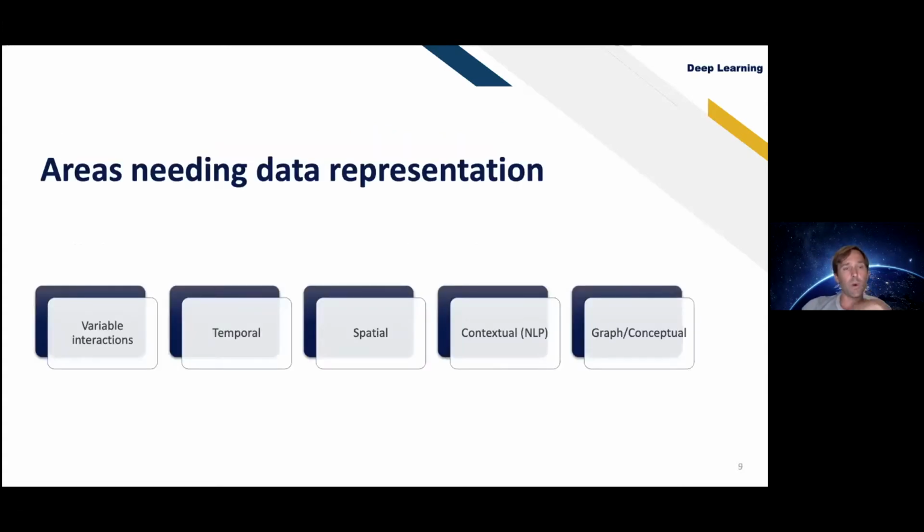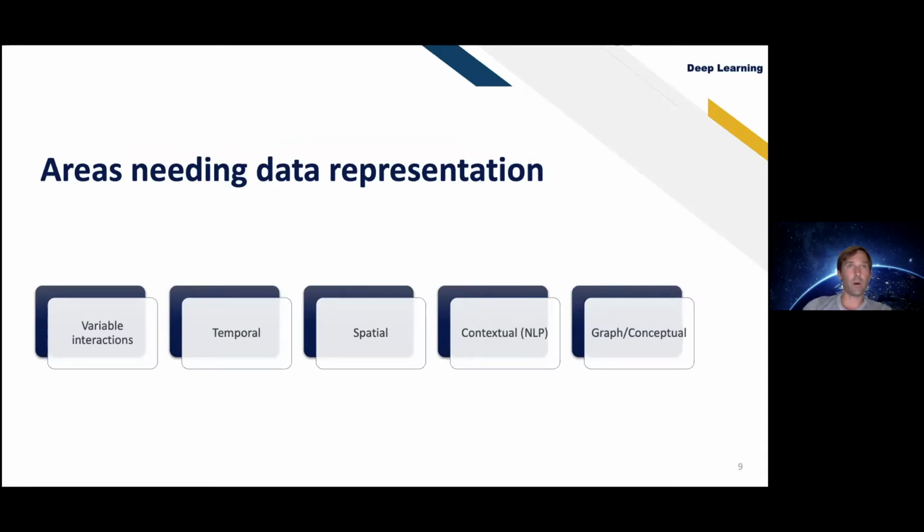What are some of the areas that need better data representation, some of the areas we're often confronted with in medical data? One thing we always think about, even when building a logistic regression model, is variable interactions. How is blood pressure interacting with heart rate if I'm trying to predict something like sepsis? Do I need to come up with some preconceived formula behind that, or some representation of that interaction, and put that into the model itself?